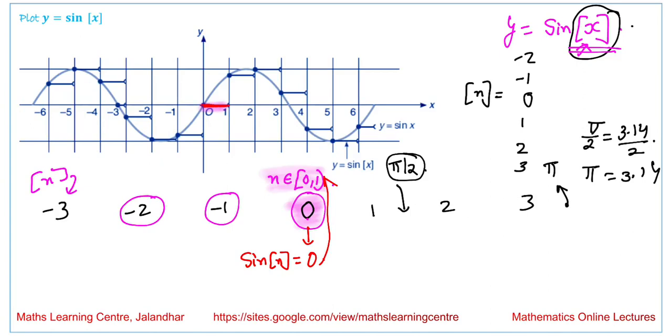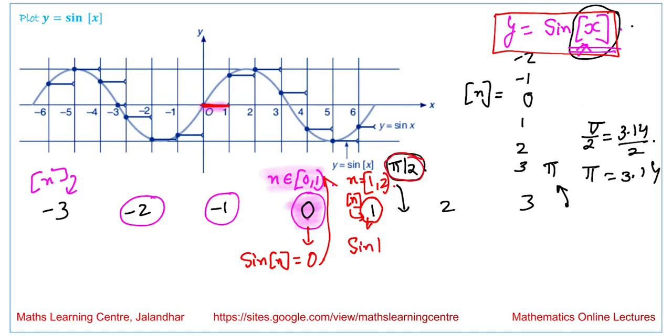Now at the point 1, the answer changes. When x is from 1 to 2, the greatest integer of x will have value 1, and the value of the function will become sine of 1, and this will go up to pi by 2.